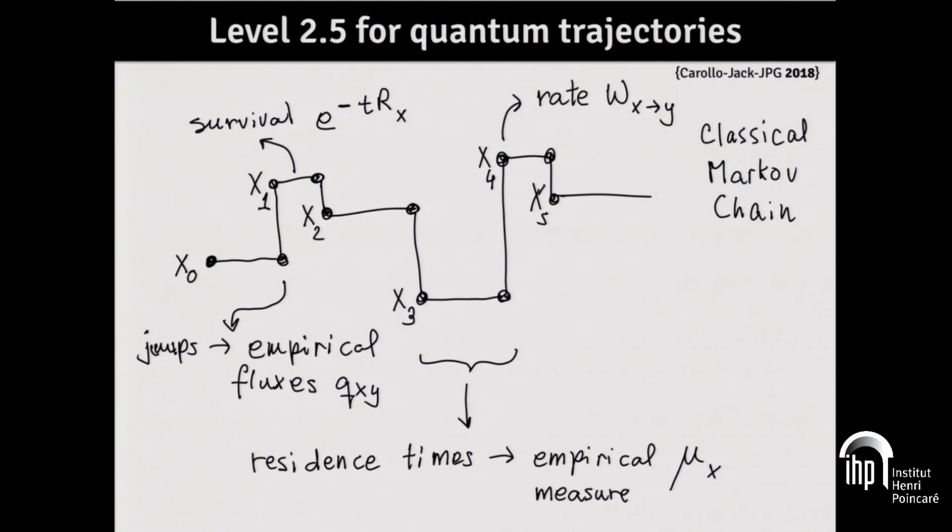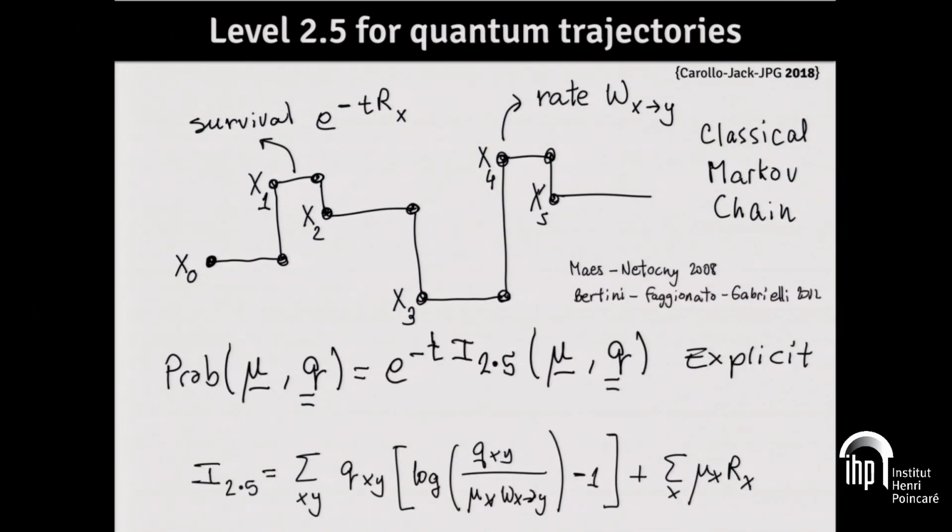It's called the empirical measure. And similarly, there are empirical fluxes, counting how many jumps between any pair of states there are on a given trajectory. So it's a matrix Q_xy. It's a function of the trajectory, so it also fluctuates, and in the long time limit is related to the typical rate to jump between states. So what's level 2.5? This is a kind of revolutionary result in large deviations in the last 5 years or so.